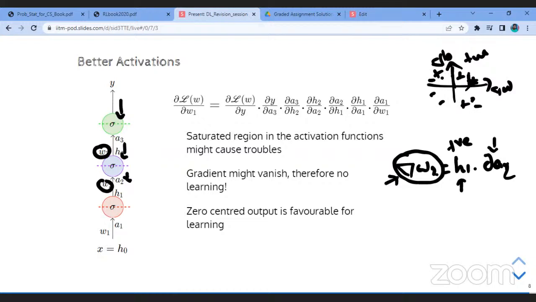If my solution is in this quadrant and my output is not zero-centered, then it's like updating the vectors. All the vectors that I'm adding either help me move in this direction or in this direction, not in the diagonal direction.